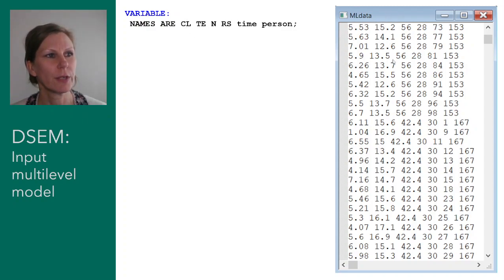Then there are two variables that vary across individuals but not within a person, so these are between-person or between-level variables. That's this one and this one. The fifth variable is time, and the sixth variable is person.